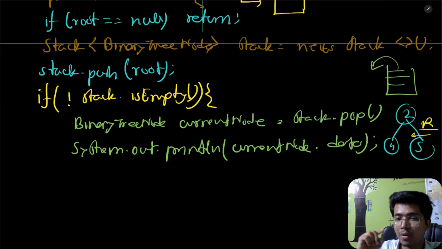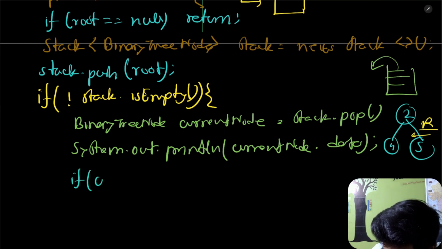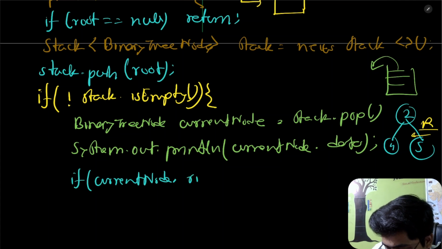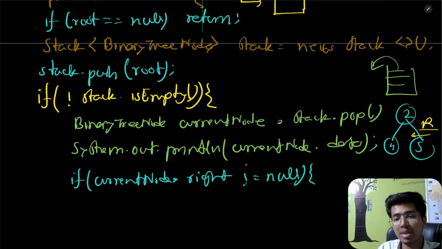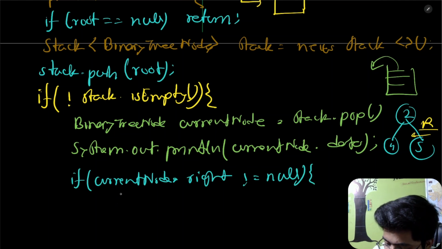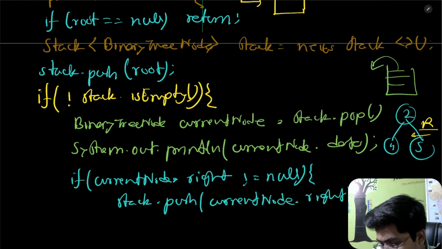So we'll be checking if our right is having data. That is, if currentNode.right is not equal to null. If it's not null, that means it has data, and we will simply push that data. So we'll apply stack.push currentNode.right.